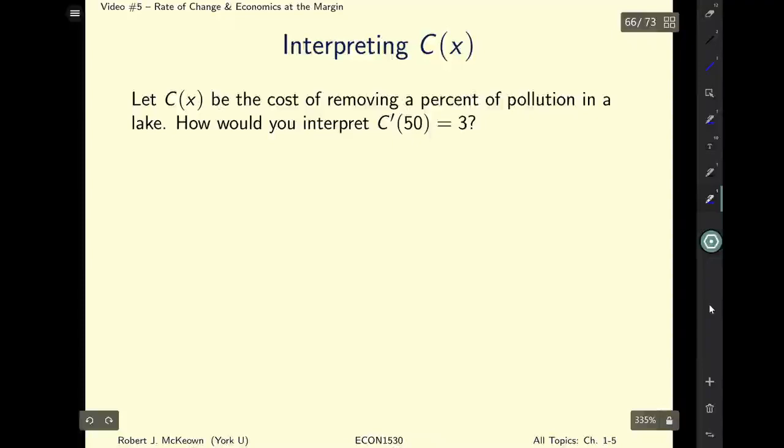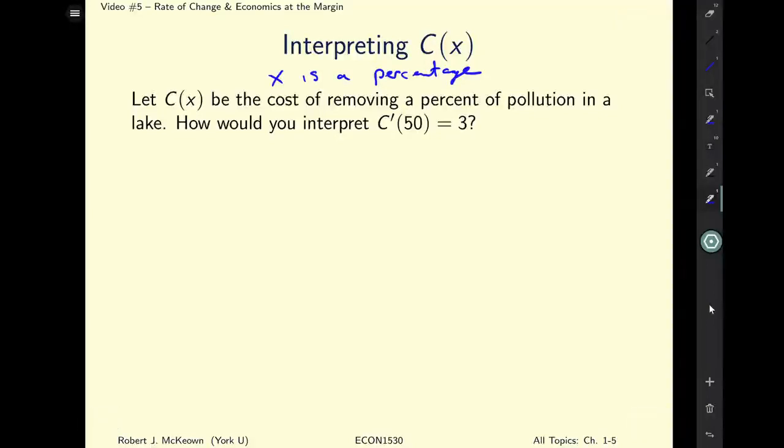All right, let's apply what we've learned. We've got a cost function here, and the cost function is the cost of removing a percentage of pollution from a lake. And the total cost function is C of x, where x is a percentage. And it hasn't been defined for us.